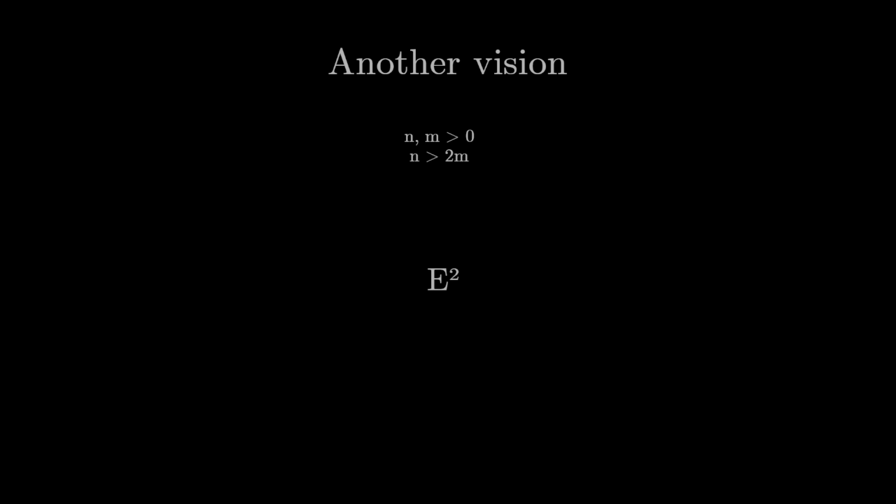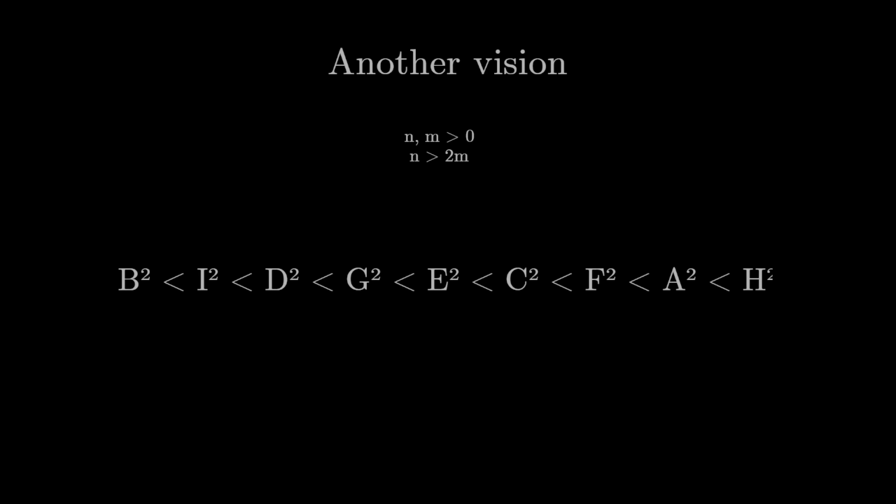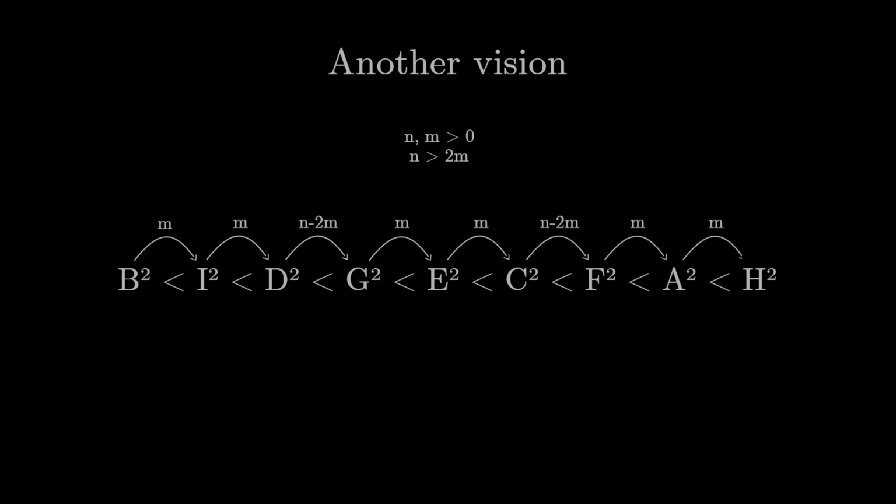So again, if we take the central entry as a reference, then all of the other ones are placed that way. And if you go a bit deeper into the numbers, you can notice that m very often appears as a difference between the entries, and sometimes n minus 2m.